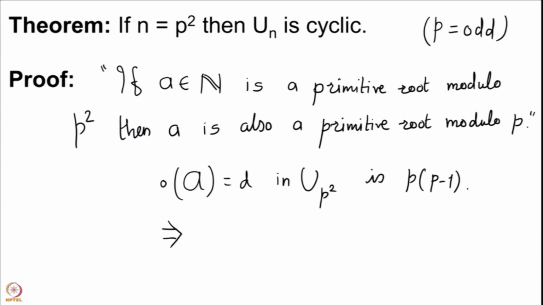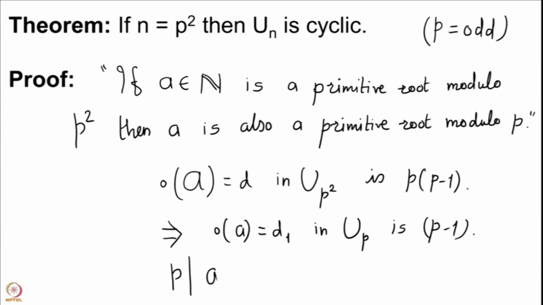This implies that the order of A, which we can call d1, in Up, is p-1. So, what we will have to show in this case is that if p divides A^(d1)-1, then p^2 divides A^(d1 p)-1.